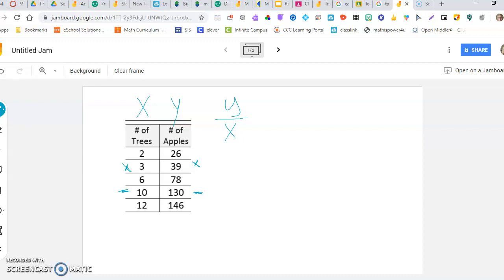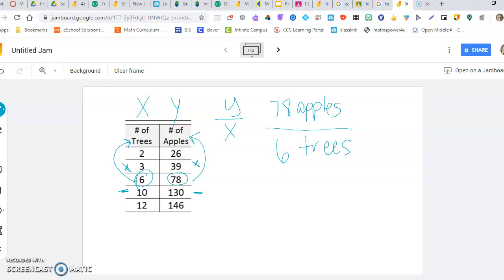All right, so to find the unit rate, you're going to take your y, and I'm just going to take 78. 78 is the number of apples, so 78 apples divided by my x, which is 6 trees.